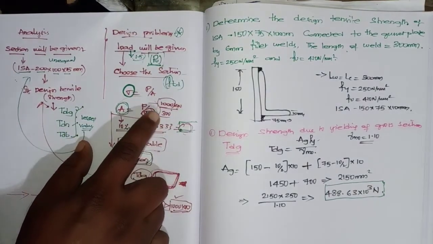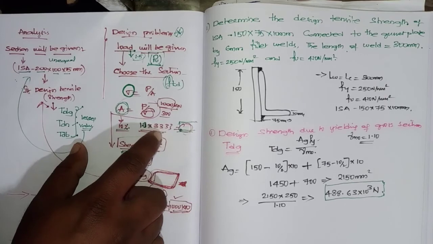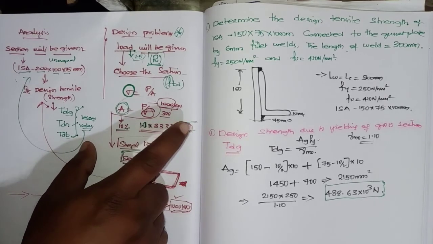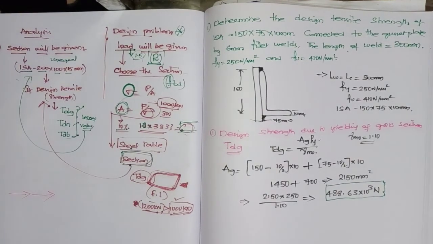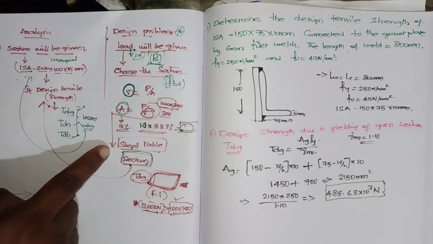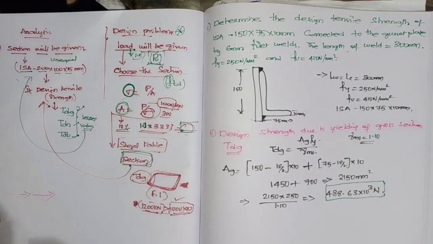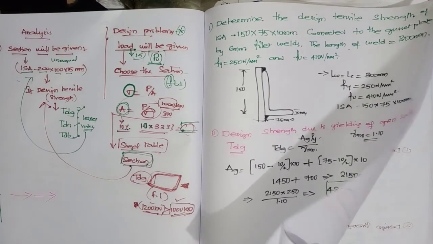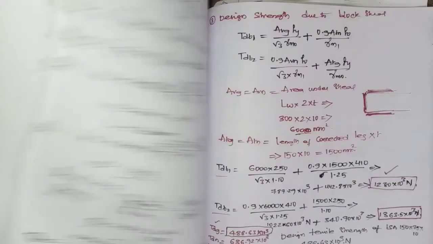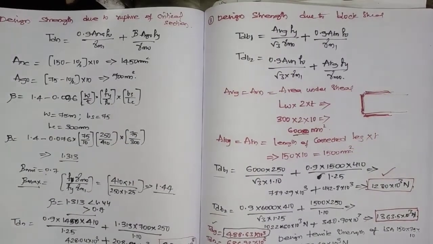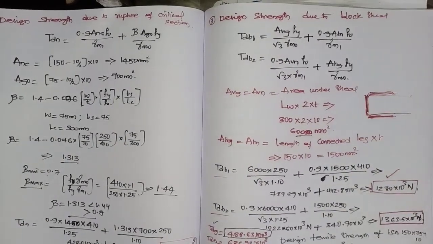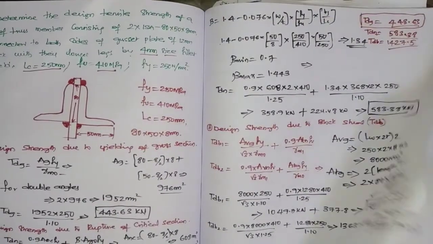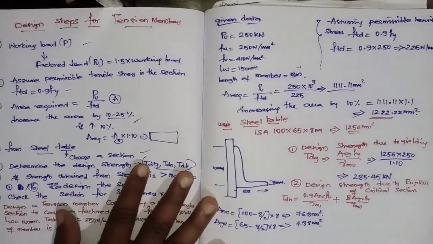Increase the area by 10 to 25% and you will get the gross area required. From the SP6 chart or steel table you choose the section. Based upon the chosen section you determine the design tensile strength. One more analysis problem. These are all analysis problems. Up to here it is analysis problems only.